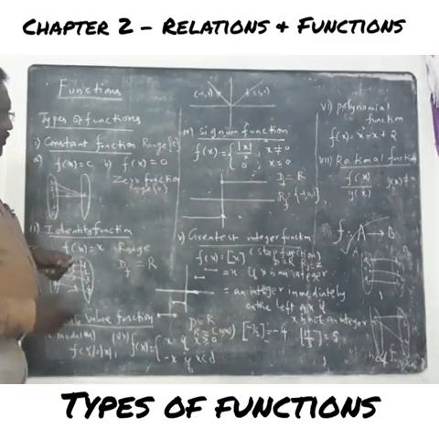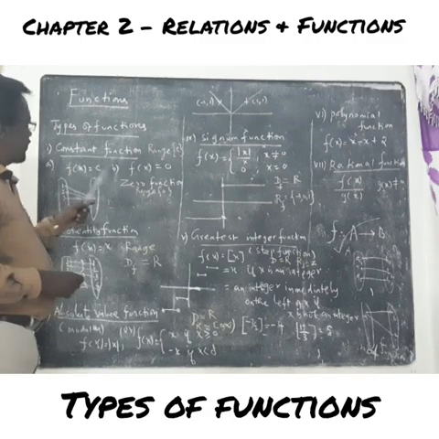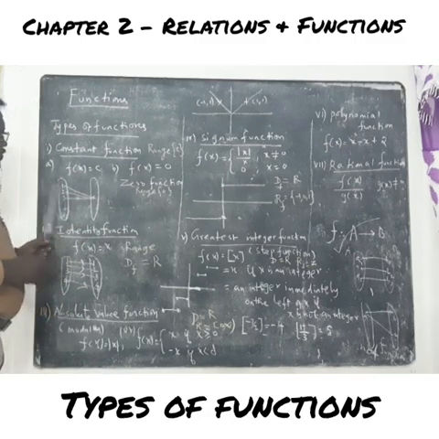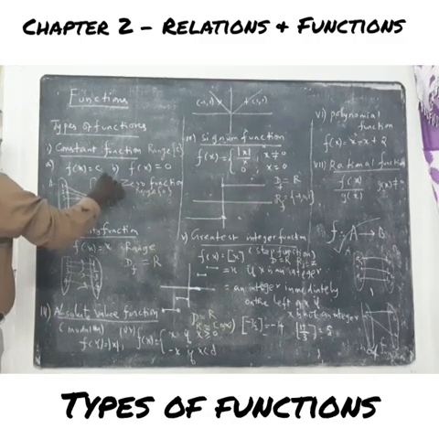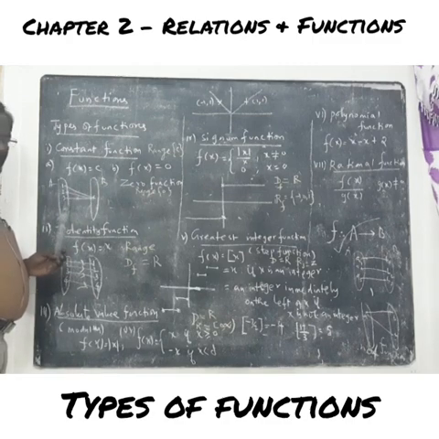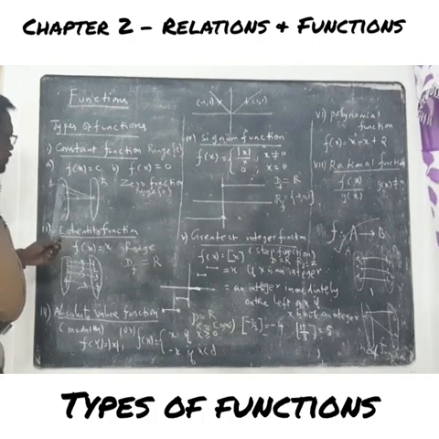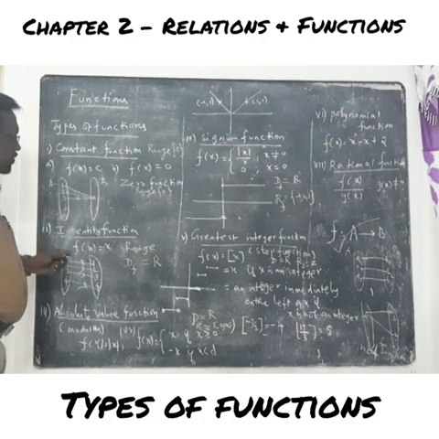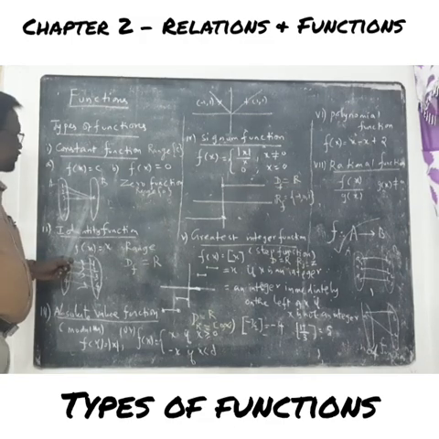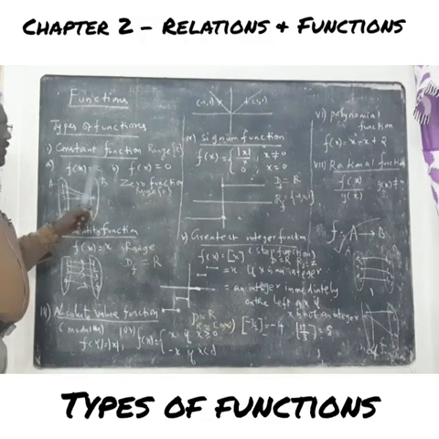Types of functions. First, constant function. That means this is A, this is B. The domain has more than one element. Suppose B has more than one element, but all the elements of A are associated with a single element C. That function is called a constant function.